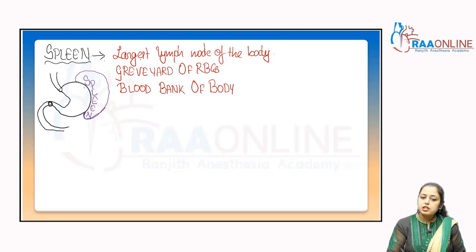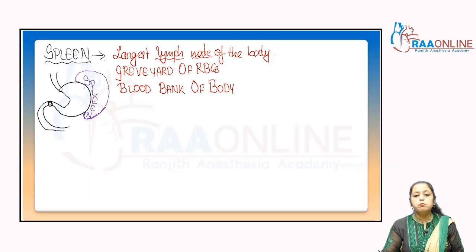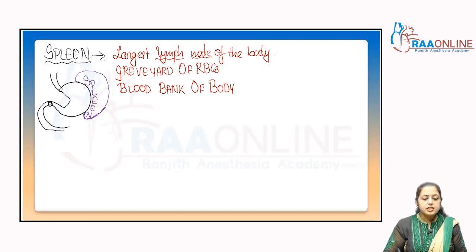So it's the largest lymph node of the body. Why is it called a lymph node here? Because the spleen also helps to make the immune system strong, right? Graveyard of RBCs, because the RBCs are buried in the spleen after destruction, and blood bank of the body.